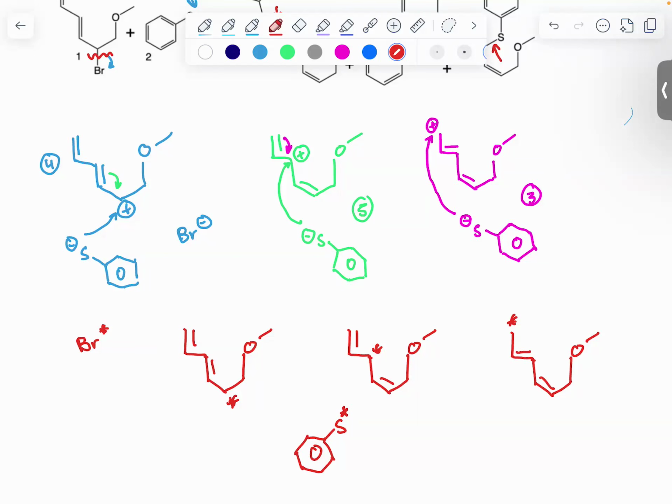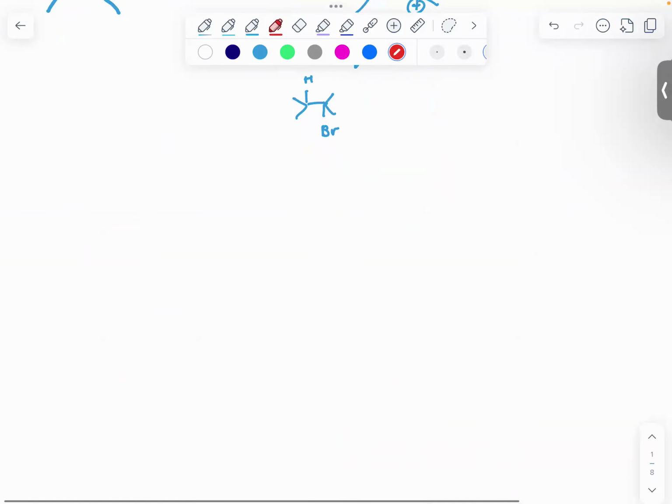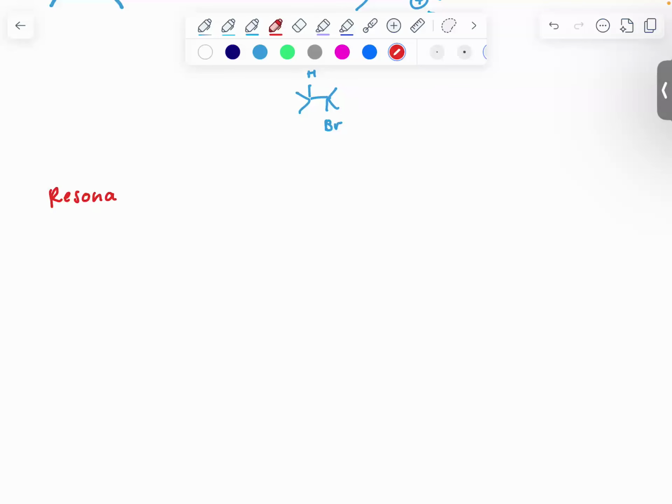Resonance in itself, I don't really know where to start. Yeah. So with resonance, we always want to start with some kind of source of electrons. Our rules with resonance are we never want to break the true connectivity of a molecule.